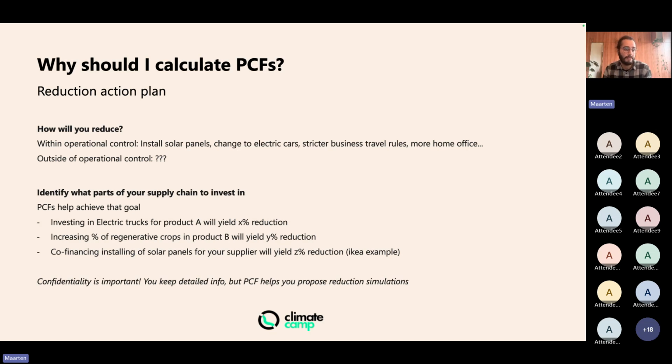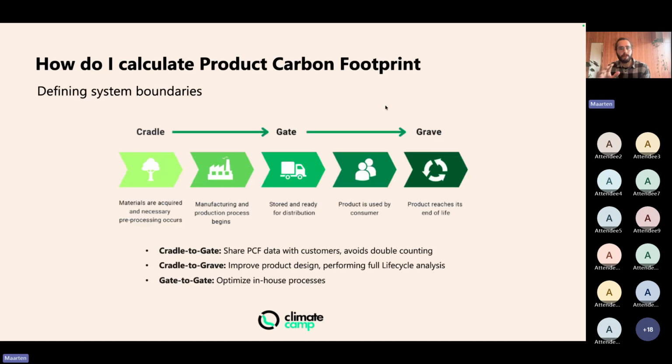The third one is an IKEA example, who is heavily investing in, for example, the processing of wood in Southeast Asia and helping their suppliers switch to more renewable energy. What you need to keep in mind here is that confidentiality is important. You keep detailed info of your PCF calculations because you don't want to give away the secret sauce of how you make your products or where you get your goods from, but it helps you to propose reduction simulations towards your customer. So these are the primary reasons why you should calculate product carbon footprint.